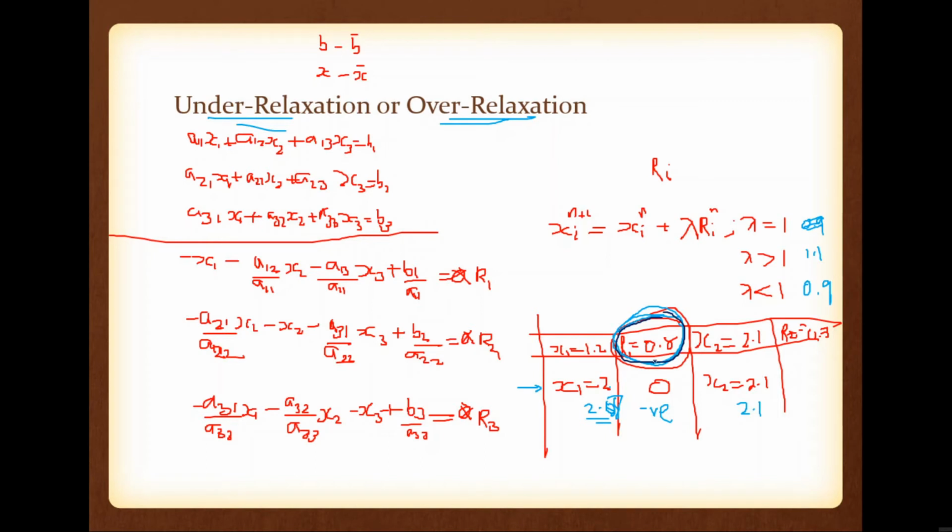So that one is picked. So next value is x1 is equal to x1 plus 0.9 into r1. So that is 1.2 plus 0.9 into 0.8. So that is 1.2 plus 0.72. We have 1.92, I think. 1.92. Is it okay? So this value is simply copied.